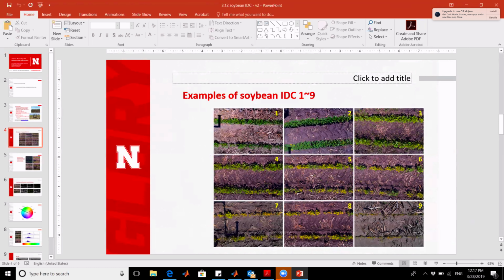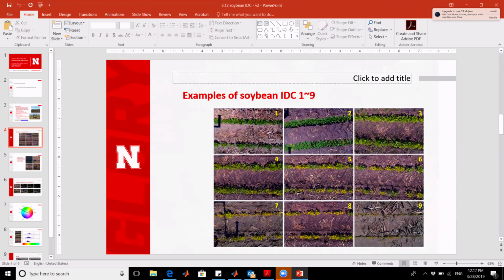One interesting thing about IDC is that for a lot of these, 4, 5, 6, and 7, they are surviving. So 8 and 9, particularly 9. But a lot of those high numbers, not necessarily 9, are going to grow. Once they pass this vegetative stage, they will recover.